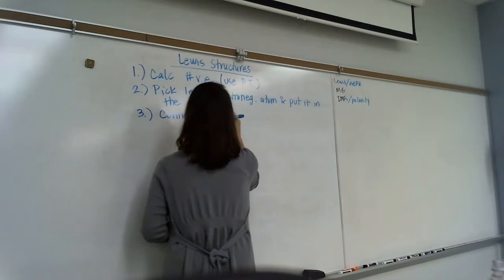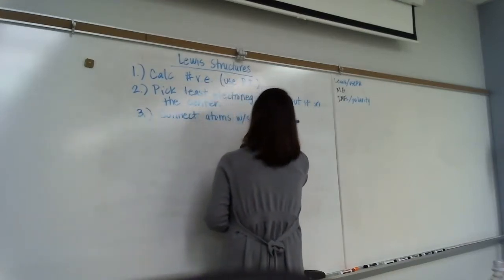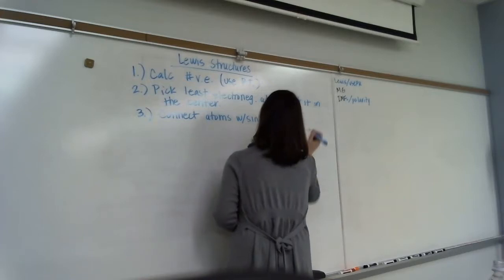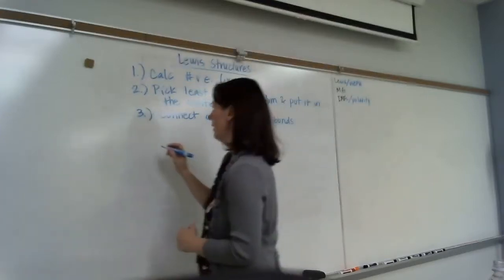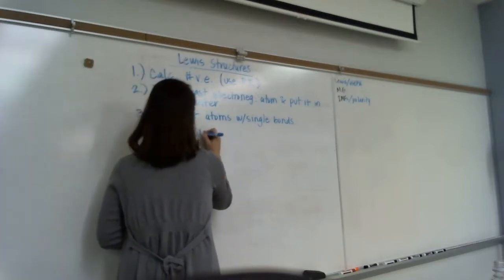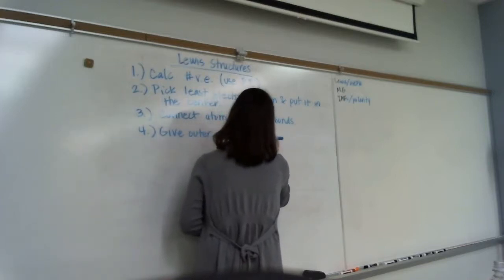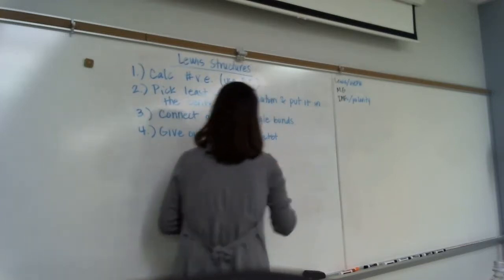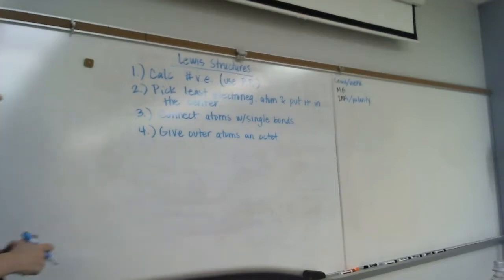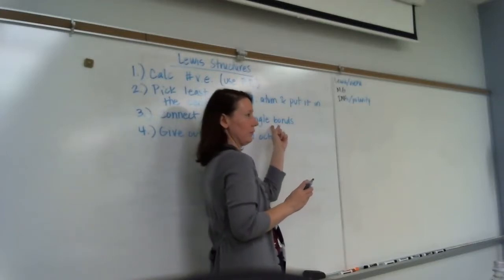Okay. Connect remaining atoms with single bonds. All right. And then give outer atoms an octet. Octet means how many electrons? 8, right? And a single bond is worth how many electrons? 2, right?